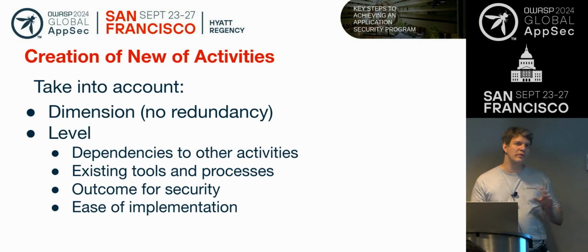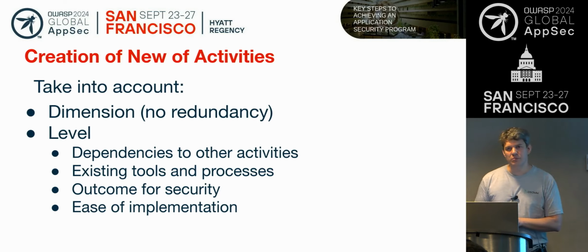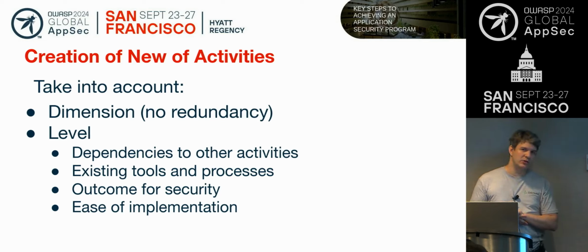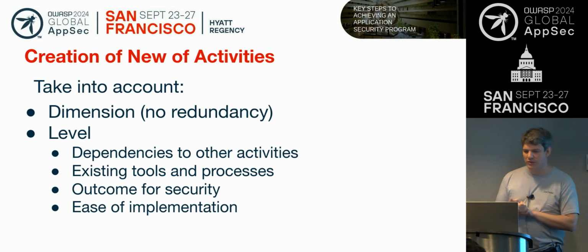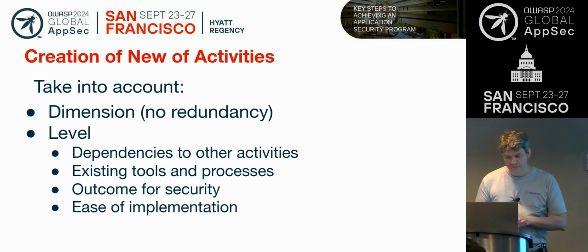But in case you know already that in your vision, let's call it vision, you have multiple scanners, SAST scanners, DAST scanners, infrastructure scanners, then it might make sense to directly use a vulnerability management system. So dependencies to other activities are very important. Sometimes you can't do an activity before another activity is done.